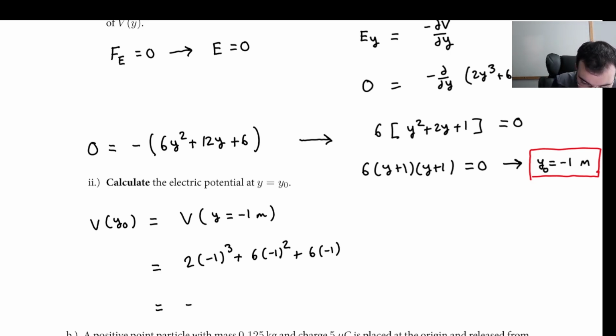So we get negative 2 plus 6 minus 6. And that's just going to be minus 2 kilovolts. And because we might want it in just regular volts when doing some math later, this is going to be negative 2,000 volts.